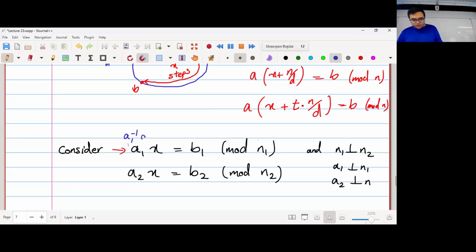That will give me a1 inverse a1x is equal to a1 inverse b1 modulo n1, right? But now I can cancel the inverses. So even though I wrote this like this, I could instead just write it as x equals to something modulo n1, right? And here again, I could write it similarly as x equals to something modulo n2.